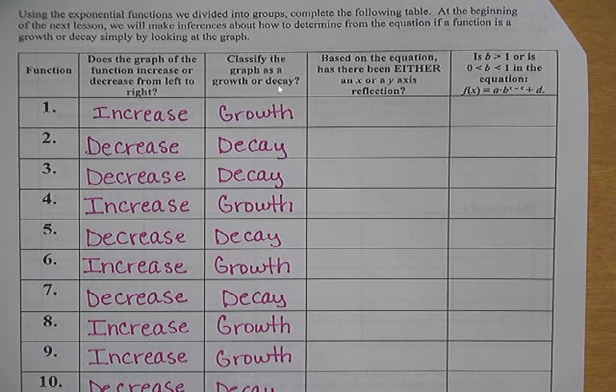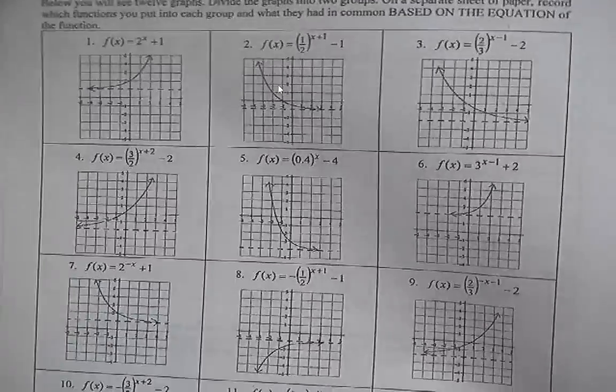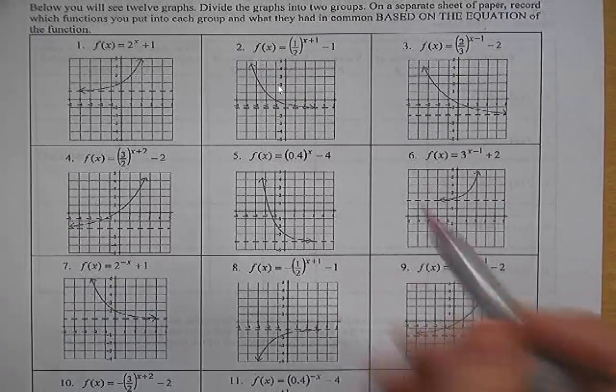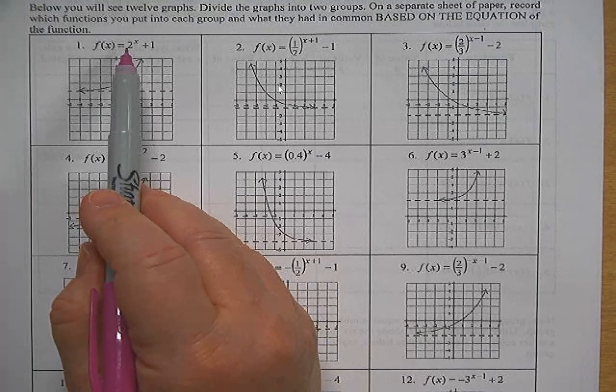Now we're going to see, based on the equation, has there been either an x or a y-axis reflection? So we're looking for negative signs. Particularly, we're looking for negative signs either in the front of the function, making the a value negative.